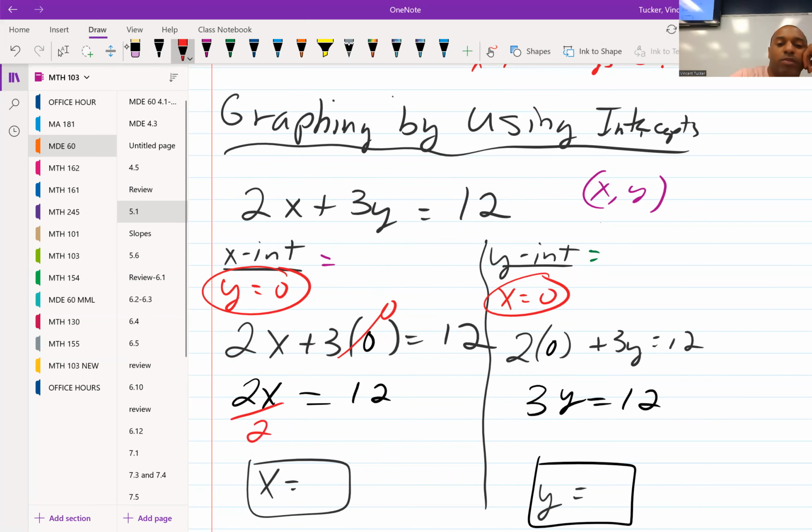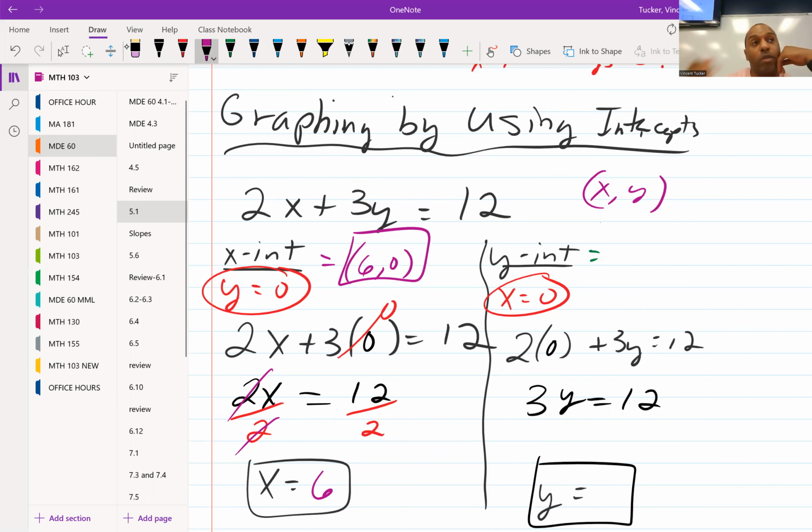Divide both sides by 2. x is equal to 6. So your ordered pair is (6, 0). Remember, x is 6 and y is 0.